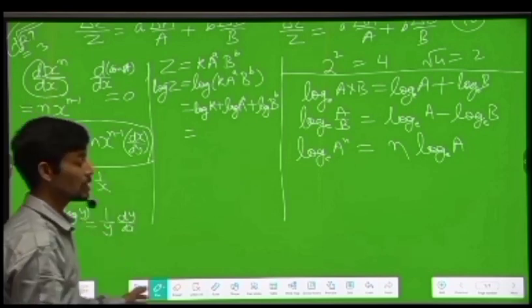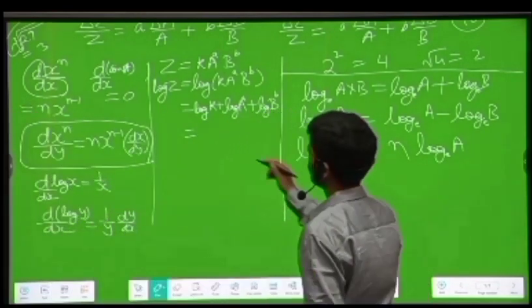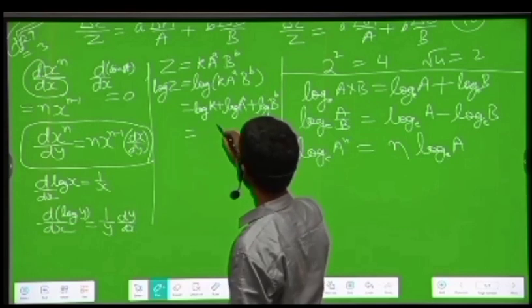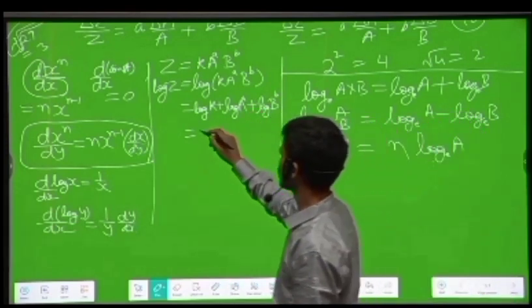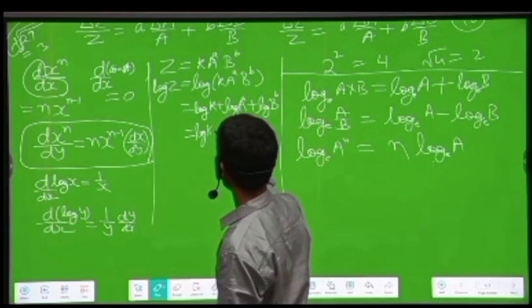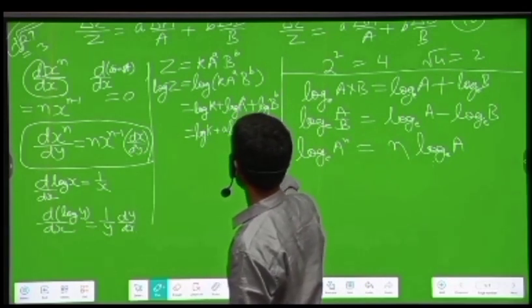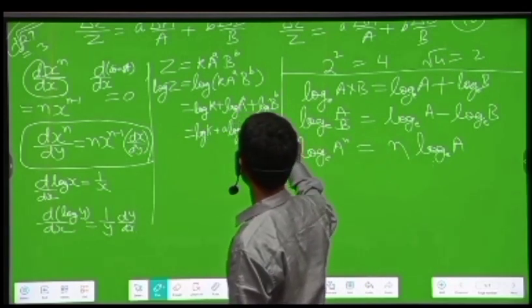Keep all these things in your mind. So here it is. And now what are we going to do? We'll apply this exponent rule here. So it is log of k plus a log of a plus b log of b.